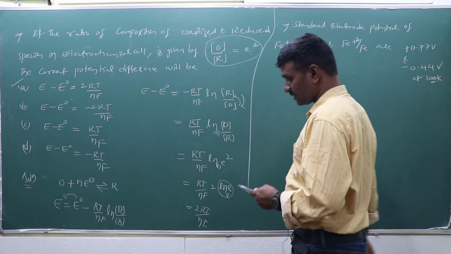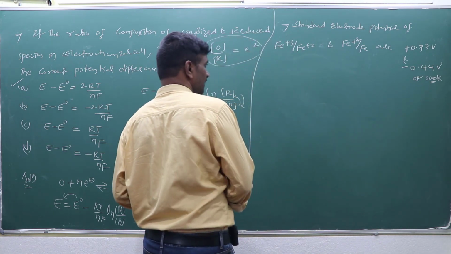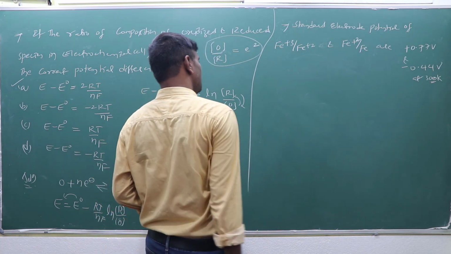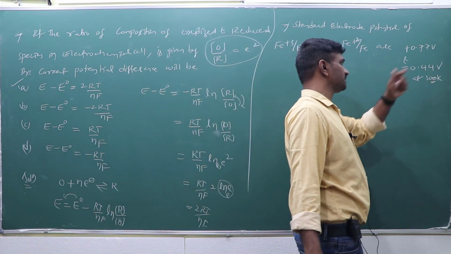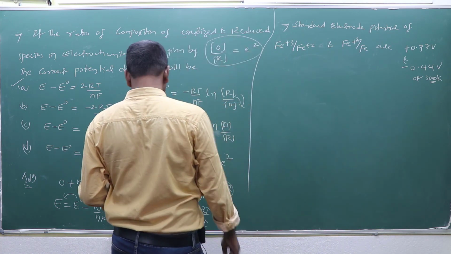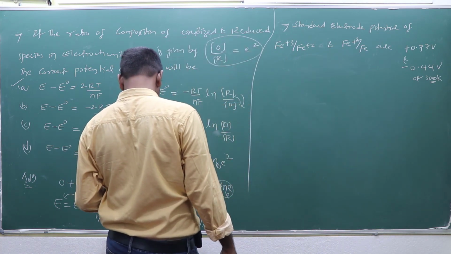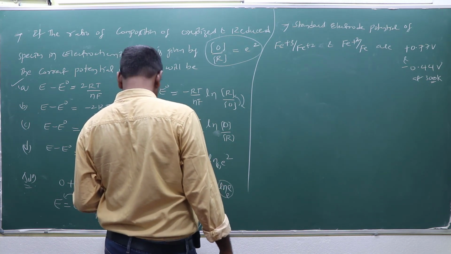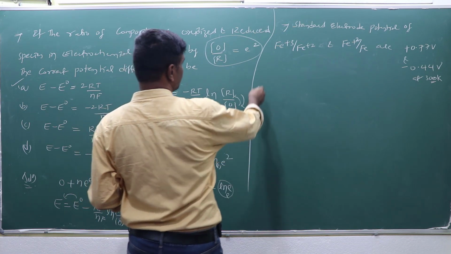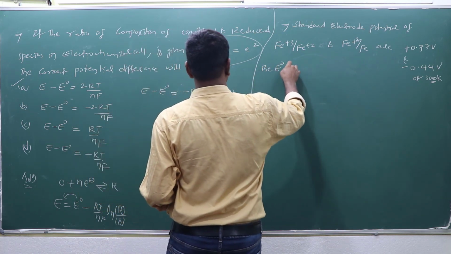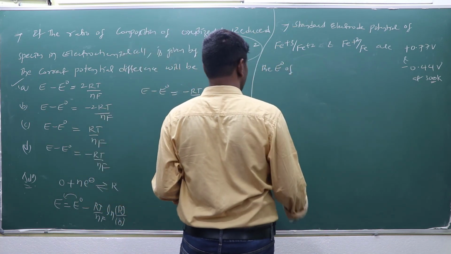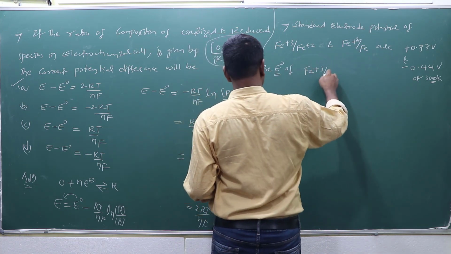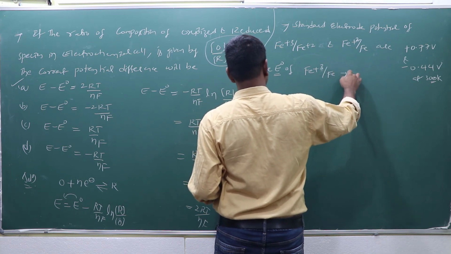The standard electrode means 25 degree centigrade, or it may be mentioned as 300 Kelvin. Right, plus 273 if addition takes place like that. At 300 Kelvin, the E0, that means the standard electrode potential of Fe plus 3 by Fe, is how much?